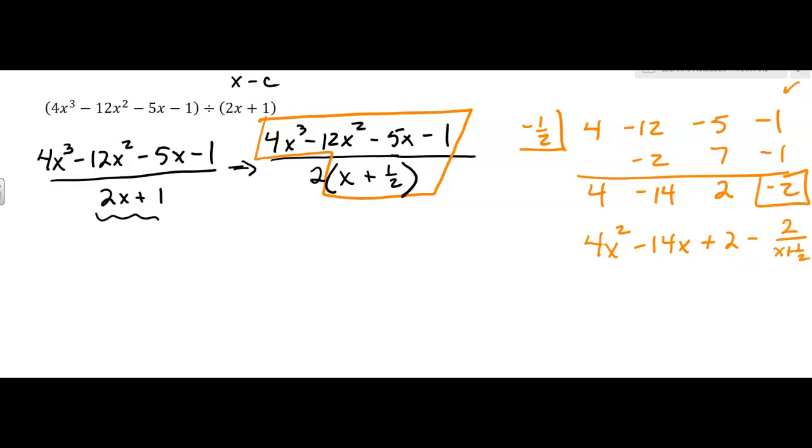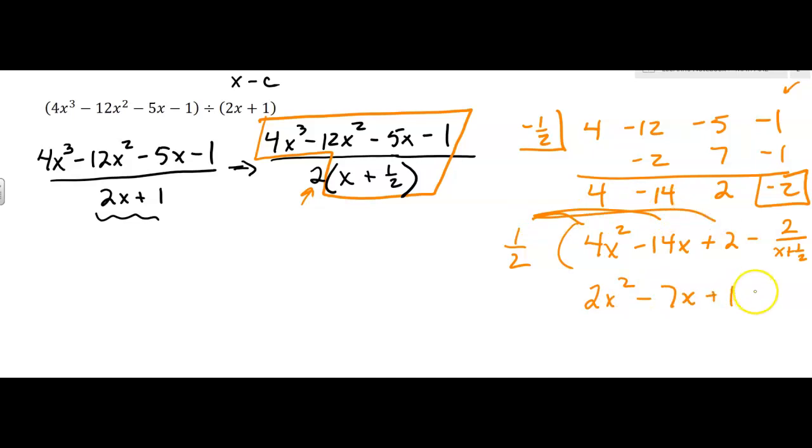But there's a problem here, and it's that 2. So this is all being multiplied by 1/2. Now, if I do that, that's going to change everything to 2x squared minus 7x. I'm distributing now.